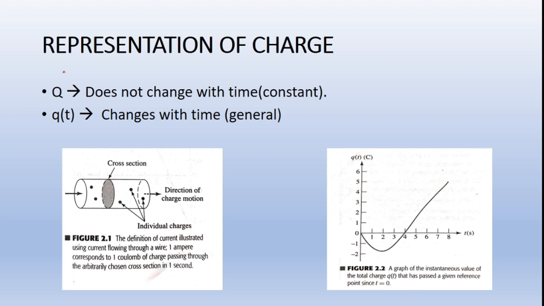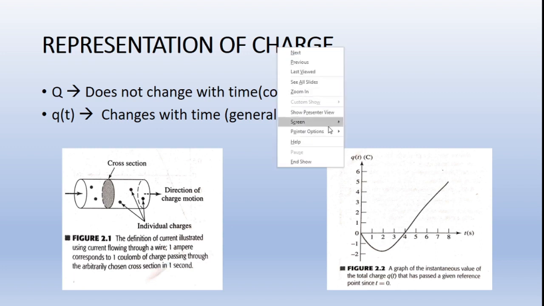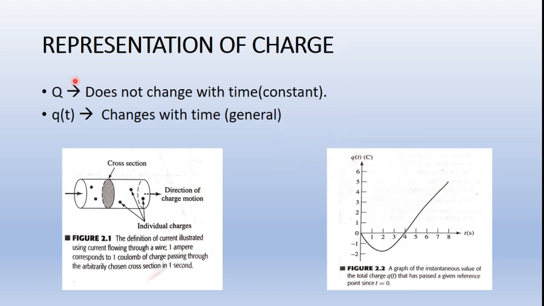So those are constant sources. And we also have charges that change with time. That we represent as Q of t. If a charge does not change with time, we represent that with capital Q. Examples of these are your voltage sources like a battery or power bank which does not change with time. Whereas if a charge changes with time, when it starts to flow, your voltage gets reduced, your charge level gets reduced. That we call a time variant quantity because it varies with time.